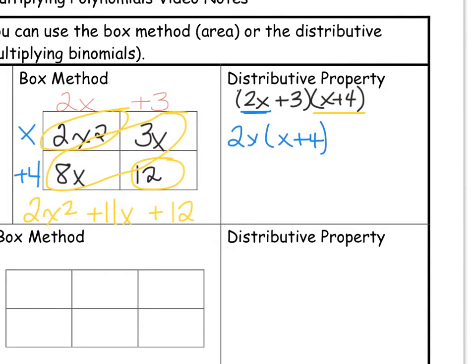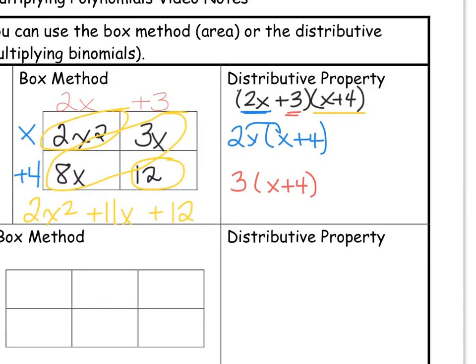Then I'm going to do the same thing with the 3. I'm going to multiply 3 times the quantity x plus 4. We're distributing out the 2x and the 3 to everything inside there.